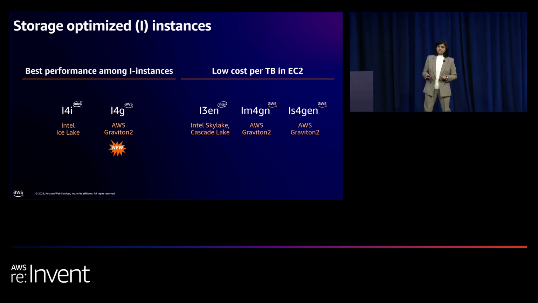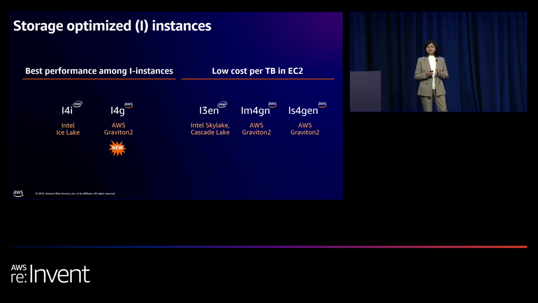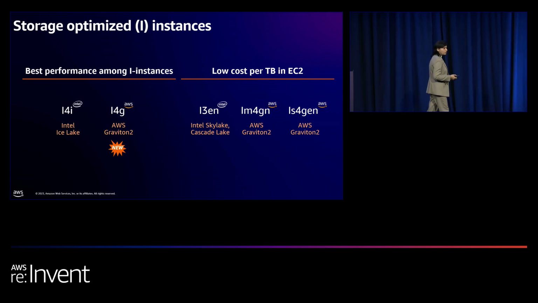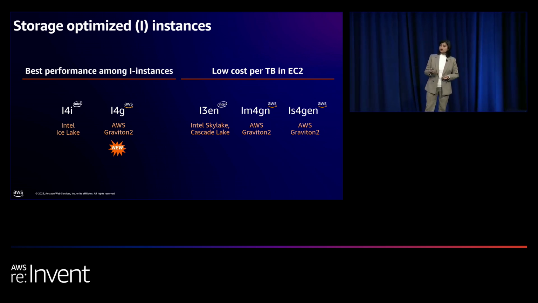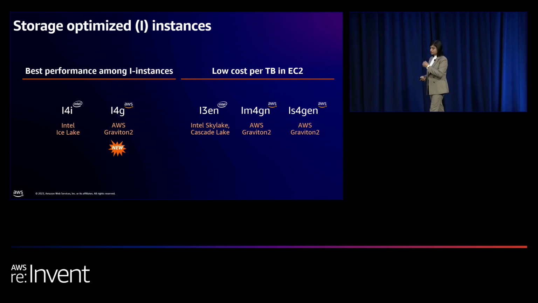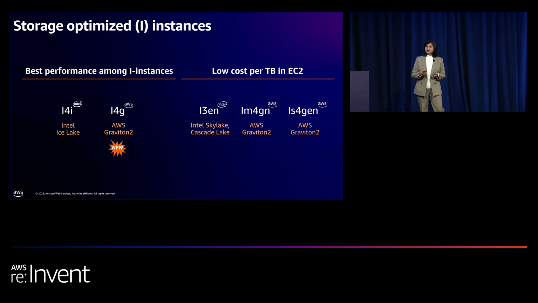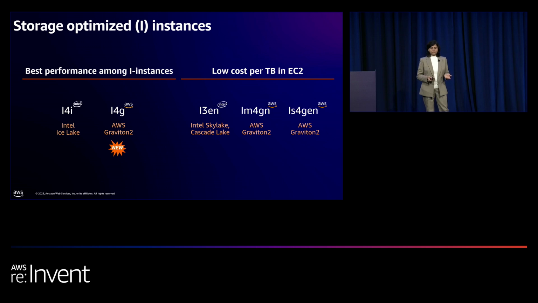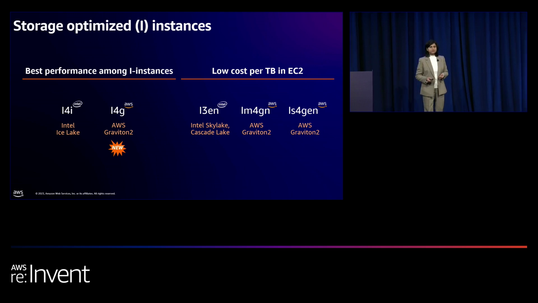And our goal is to offer you different choices across different processor choices, Intel and Graviton, so that you get an optimized instance not just for performance, but also for cost and power. And you have probably already been hearing that Graviton-based instances deliver efficiency in terms of performance. You get the best price performance as well as the best power efficiency.